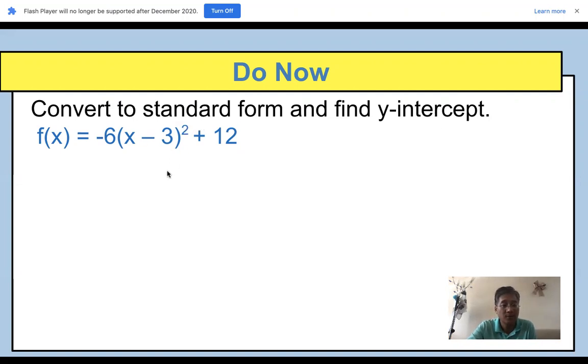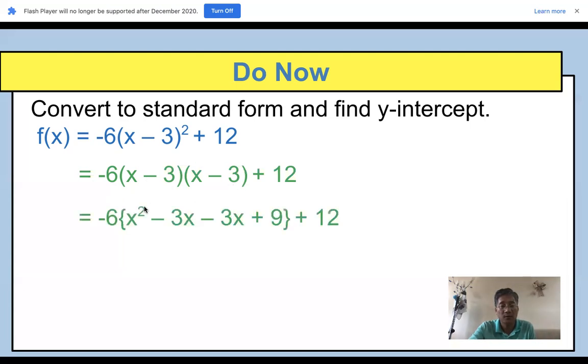All right, so your step is like this. (x minus 3) times (x minus 3), and you keep the negative 6 in front of the parentheses, also plus 12 outside. Make sure in the parentheses, you FOIL this, right?